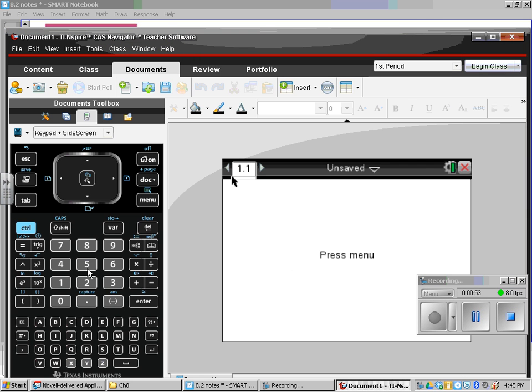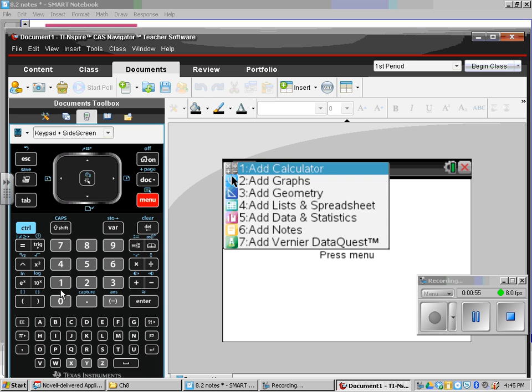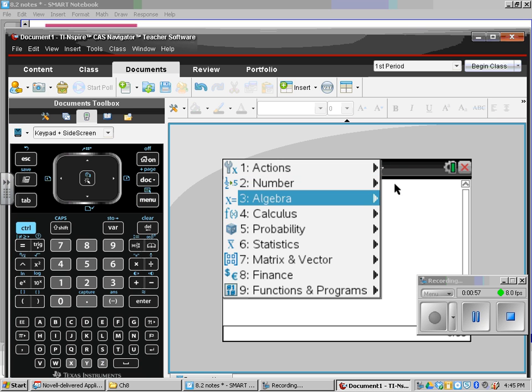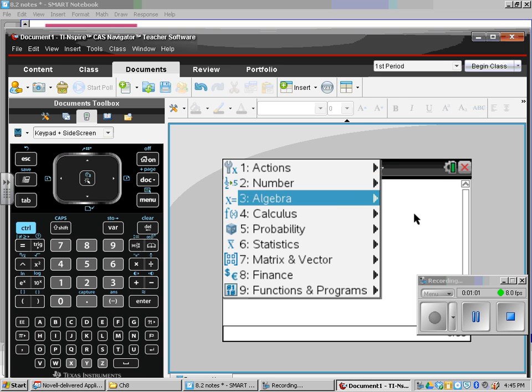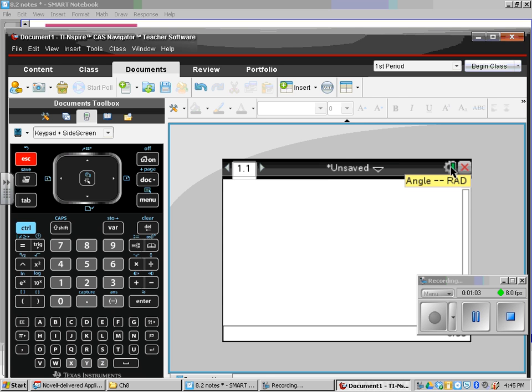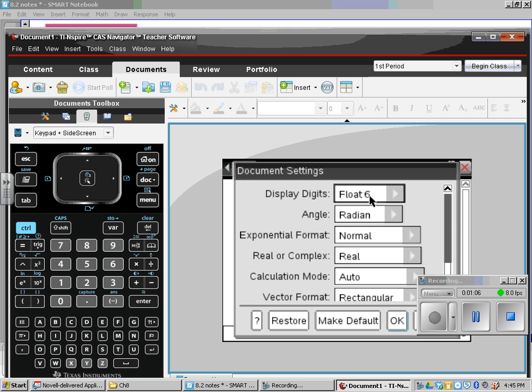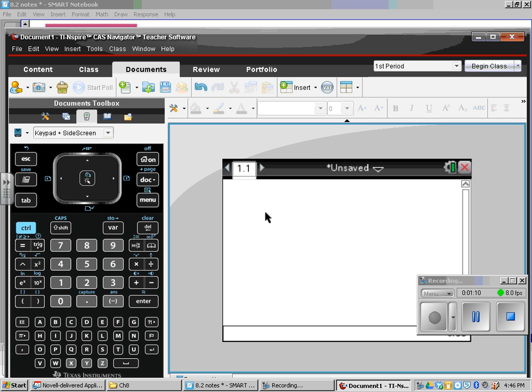We want to be on a calculator page. And then, of course, you want to check your settings and make sure that your document settings are in degrees, because my problem is in degrees. My calculator is in radians, so I make that change, and then I can just type this in.